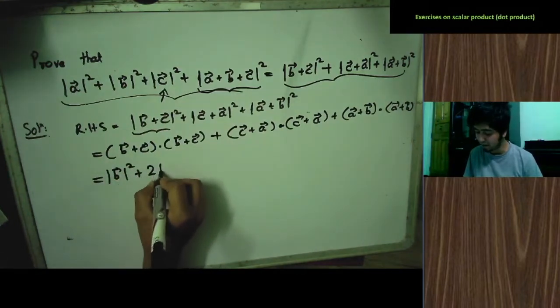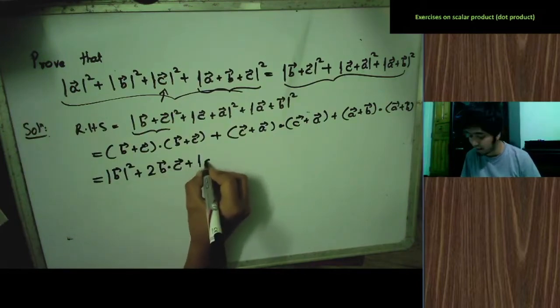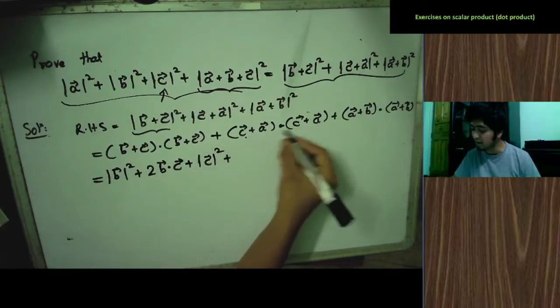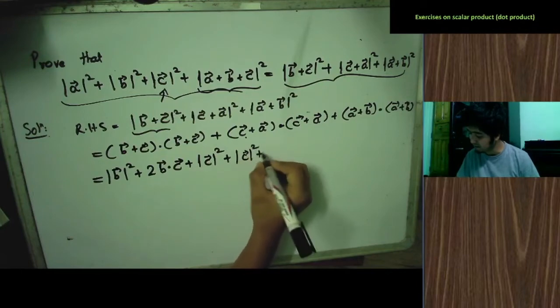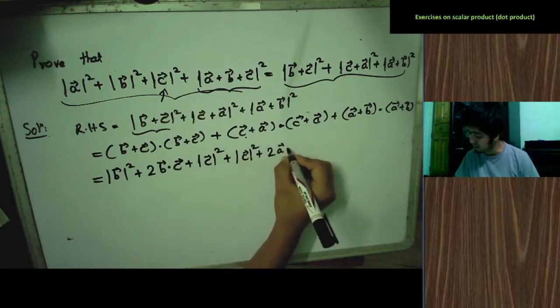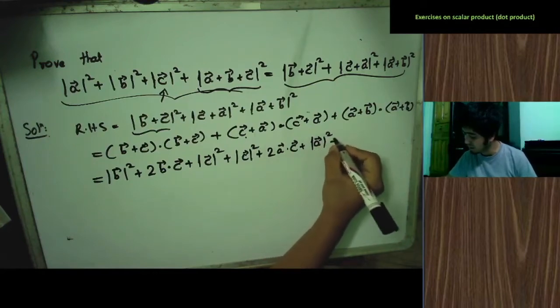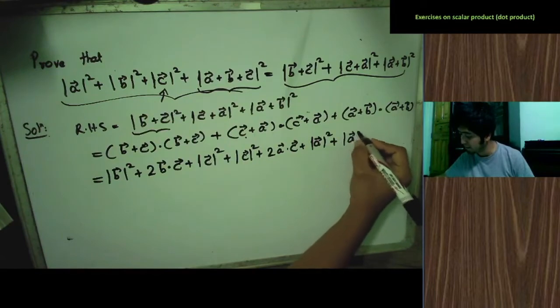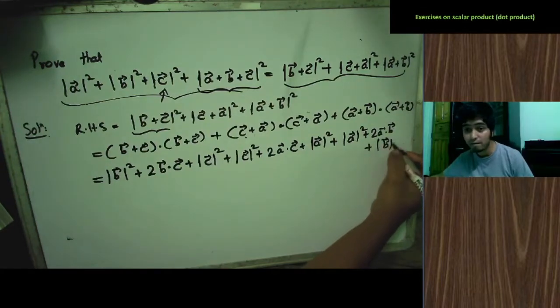We will be having something that looks like this in a similar way, like what we did in the left hand side. Expand this one, c dot c, c dot a, a dot c, a dot a. We will be having something that looks like this, 2 times a dot c plus a square. And similarly expand this one, you will be having a square plus 2 times a dot b plus magnitude b square.